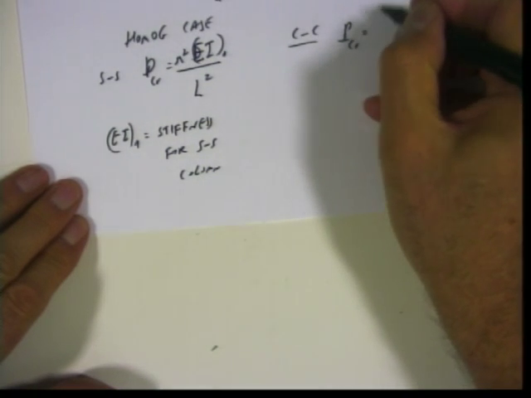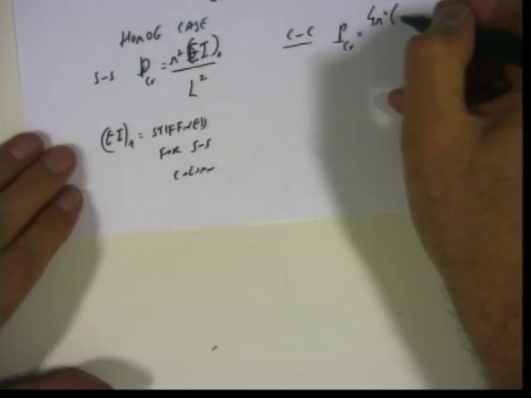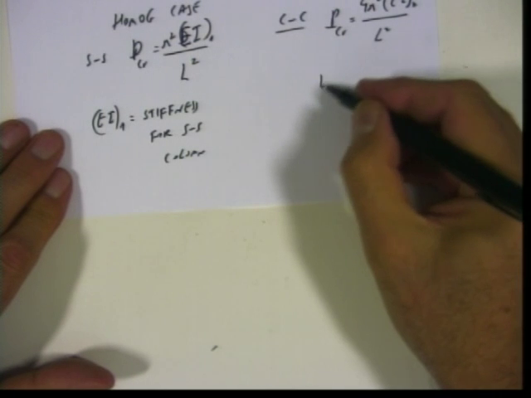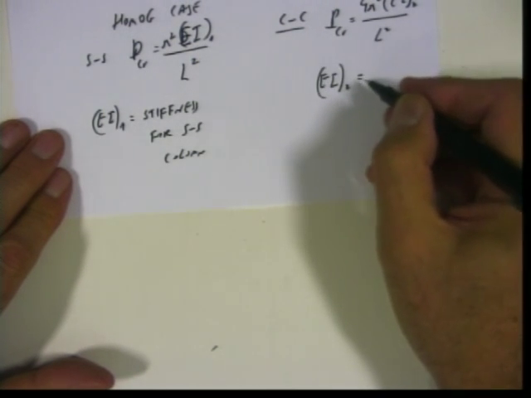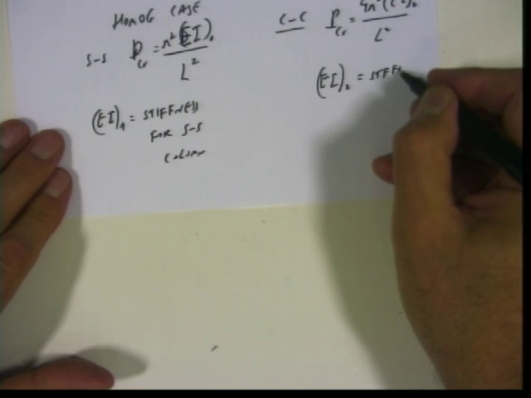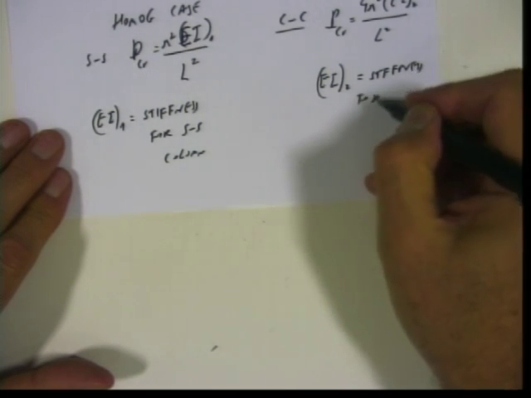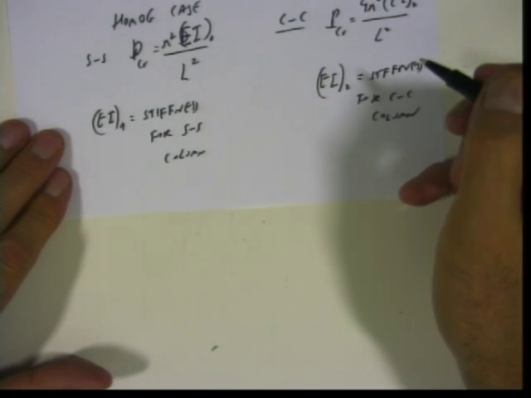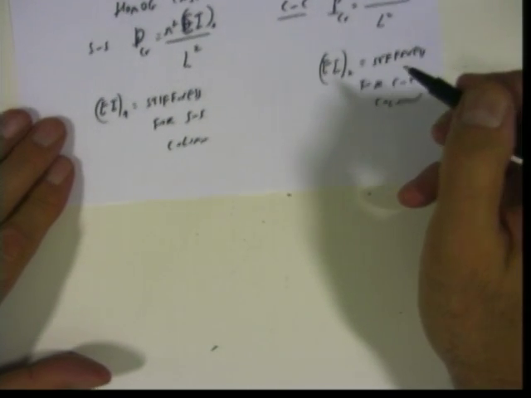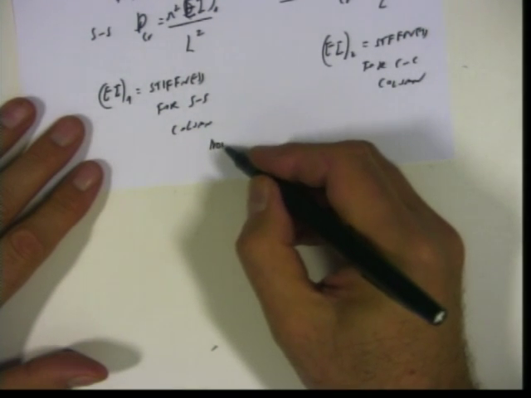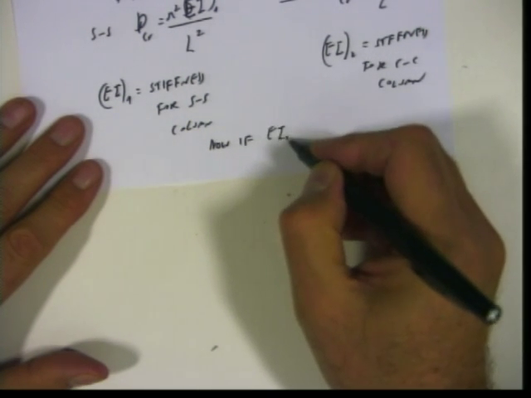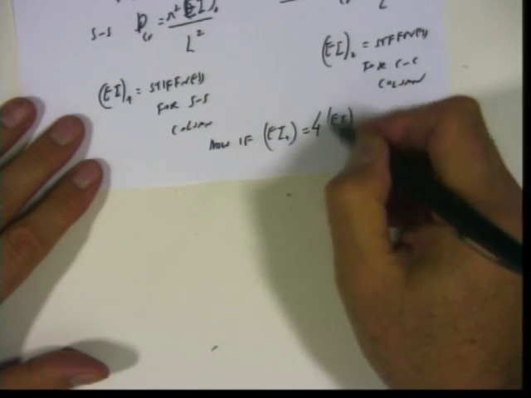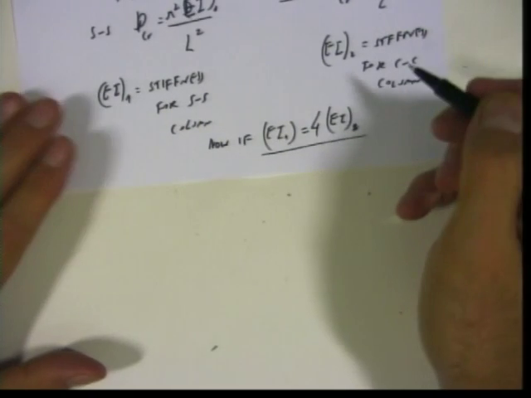P critical equals 4 pi squared EI2 over L squared, where EI2 is the stiffness for the clamped column. Now, if EI1 equals 4 times EI2, they will have the same buckling load.